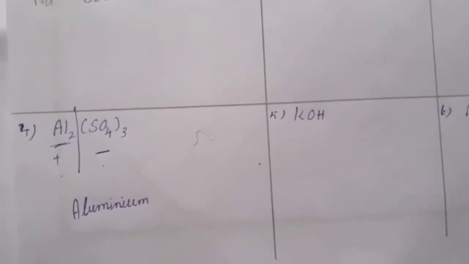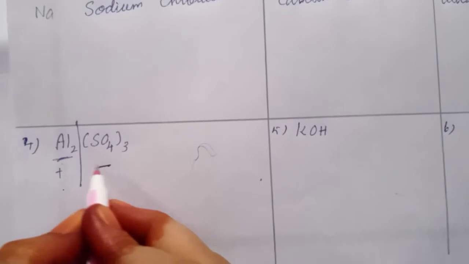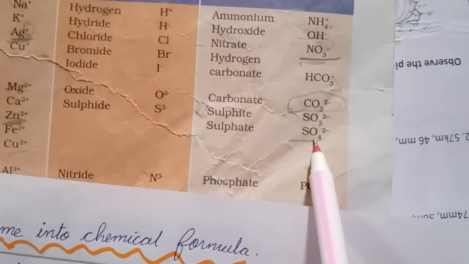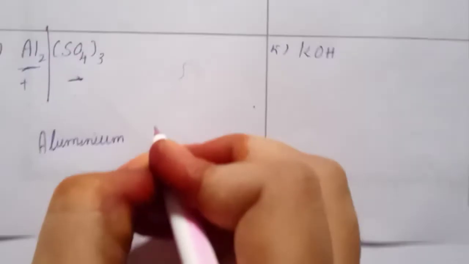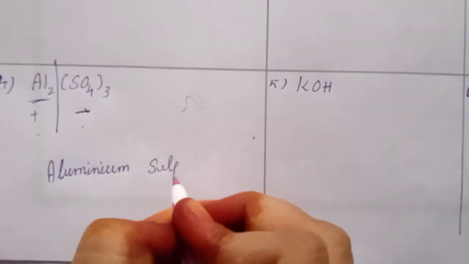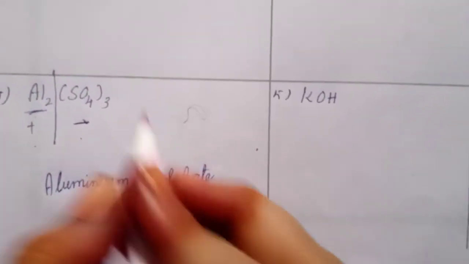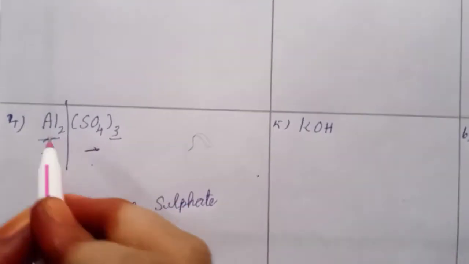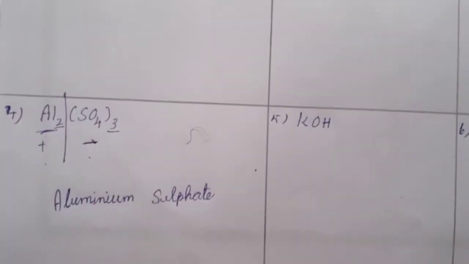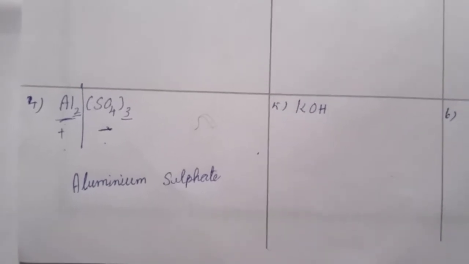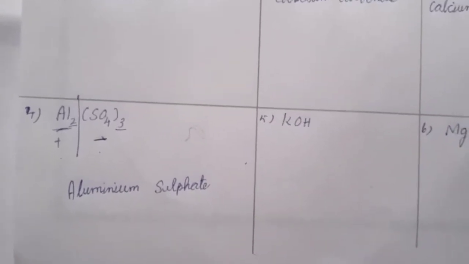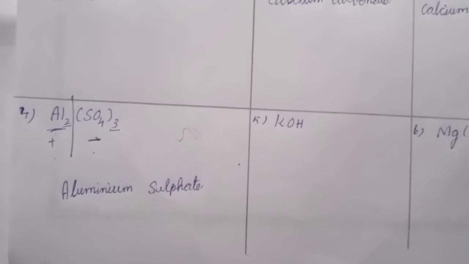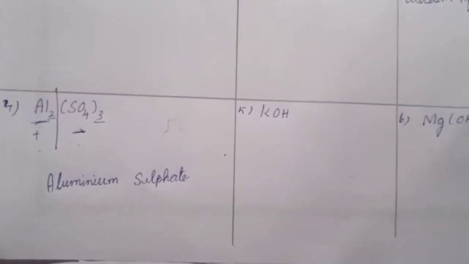SO4, what is meant by SO4? Sulfate. So, aluminium sulfate. Okay, this is the name. No need to consider that 3 is there, 2 is there, no problem. Don't consider that. We know the positive ion name. The remaining part should be negative, so we can easily identify the negative name.